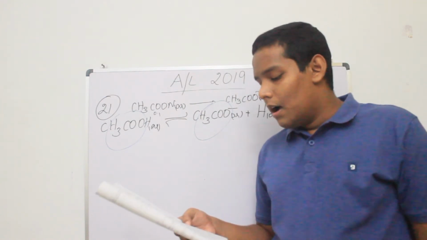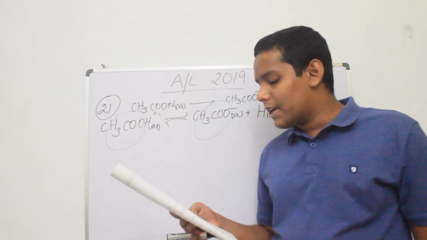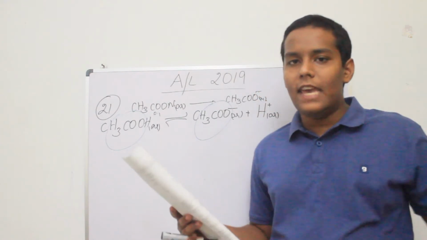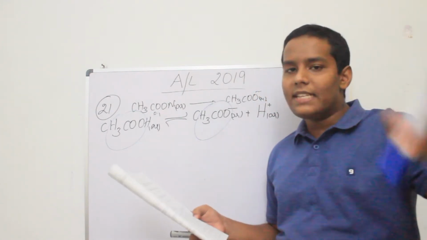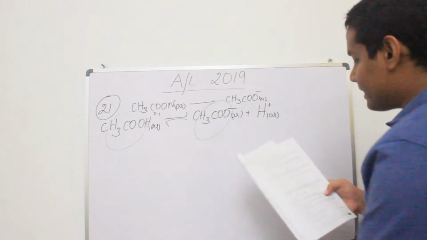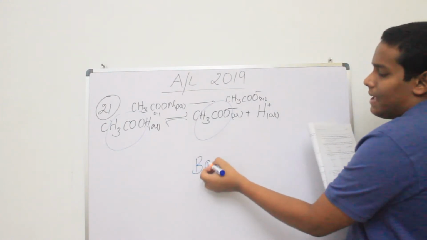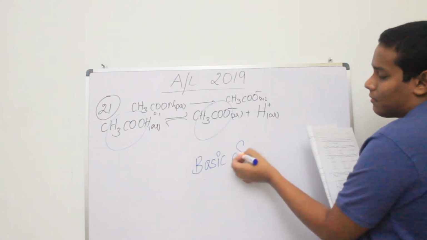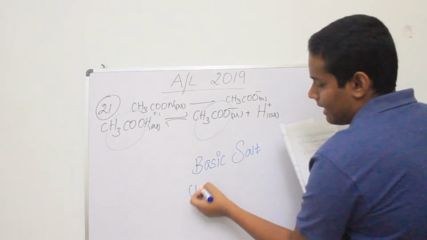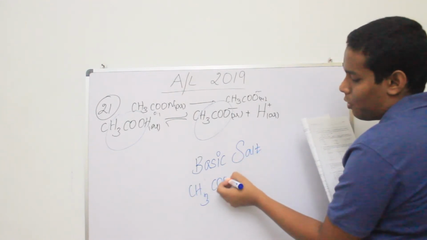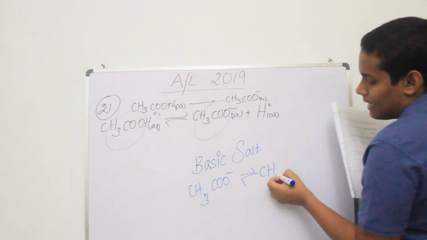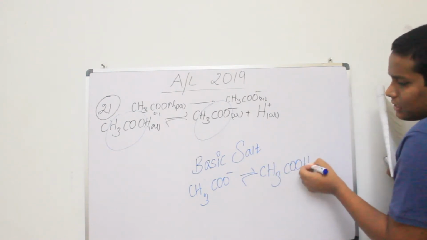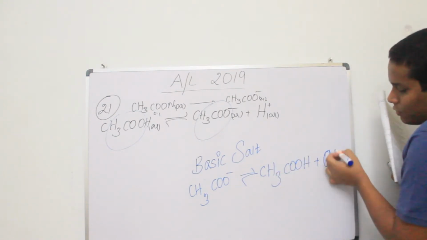Next one, titration mixture at equivalence point of the titration of the weak acid and strong base. Weak acid, strong base. We don't have acid, we don't have base, but we have a basic salt. So it's something like this: CH3COO minus giving you CH3COOH and OH minus.